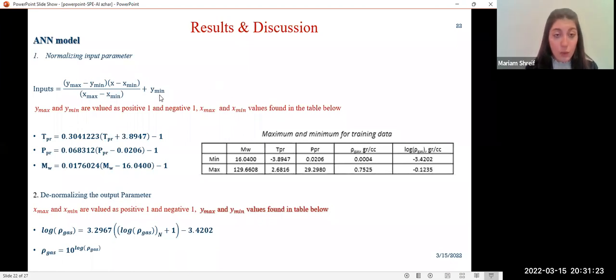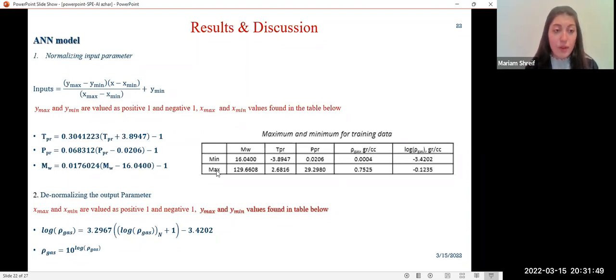So this is the equation for normalization. We do (y max minus y min) times (x minus x min) over (x max minus x min), plus y min. In the case of normalization, the y max and y min are valued as +1 and -1. The x max and x min, we get the values from this table.